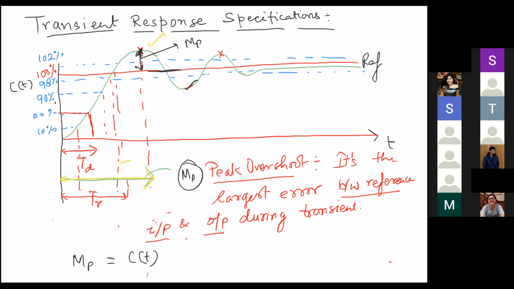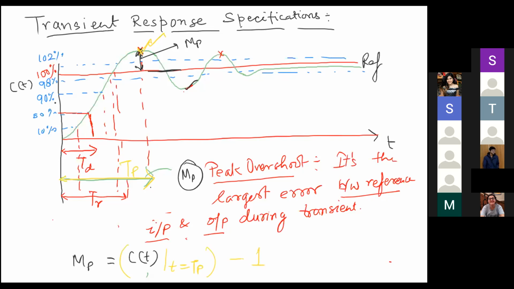When t is equal to TP, then C(t) is nothing but this one, and we have to subtract the reference, which is 100% or 1. So this is MP. Is this point clear? Because our input is a unit step function, we are going to consider 1 here, and C(t) at t equal to TP, we are going to get this one.